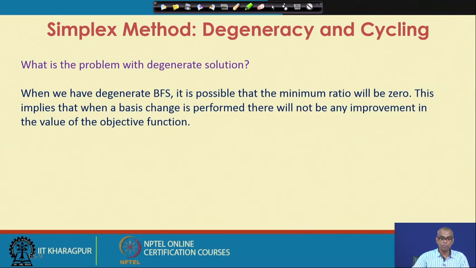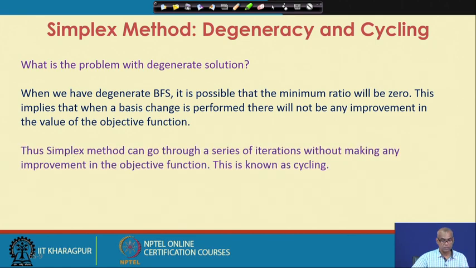This implies that when a basis change is performed, there will not be any improvement in the value of the objective function. Thus, simplex method can go through a series of iterations without making any improvement in the objective function.